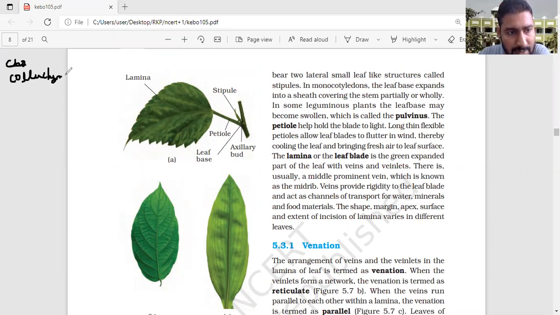And we know very well that collenchyma provides flexibility. Clear? So the petiole is made up of collenchyma cells.